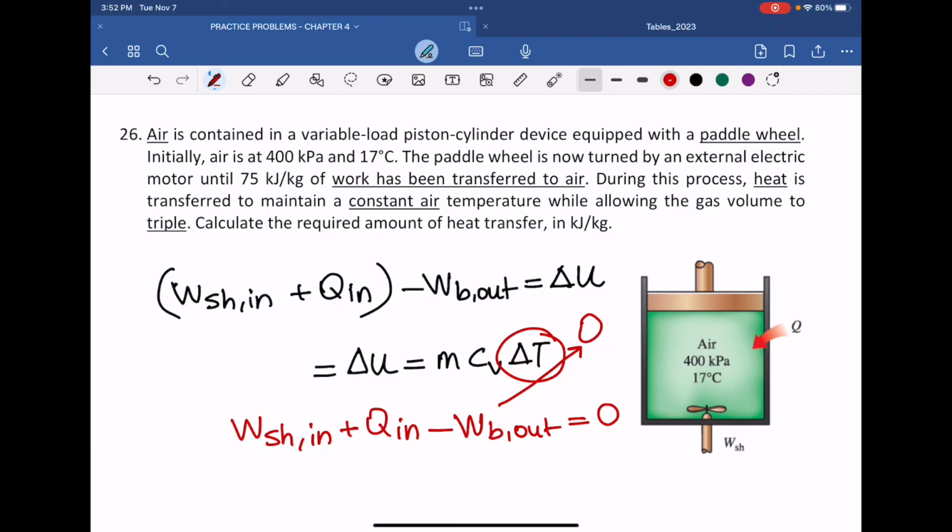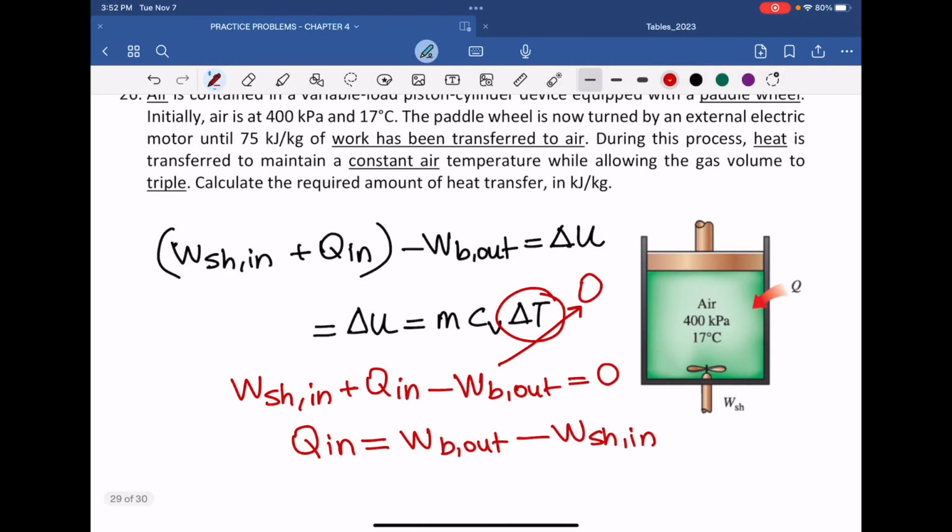So they're asking for the heat transfer though. If I want to calculate the heat transfer getting in, I will have to calculate the boundary work and subtract the shaft work. Now, shaft work is known. They say 75 kilojoules per kilogram, so we are talking about heat transfer or work per unit mass.